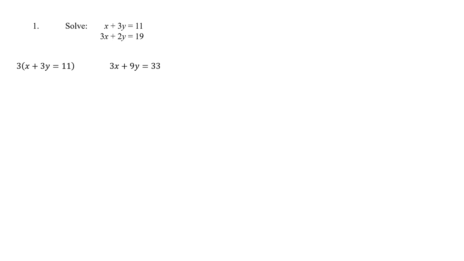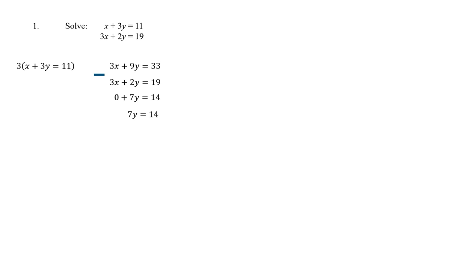Now, if we bring in the second equation, now the x's both have a coefficient of 3. They're the same, so in this case we can use subtraction and eliminate the x variable.